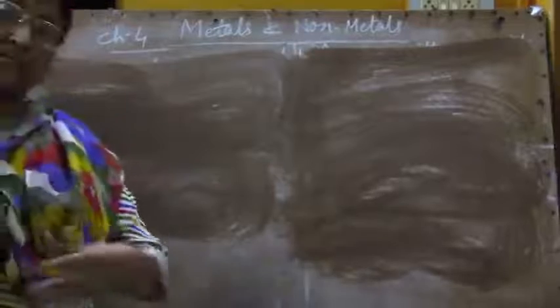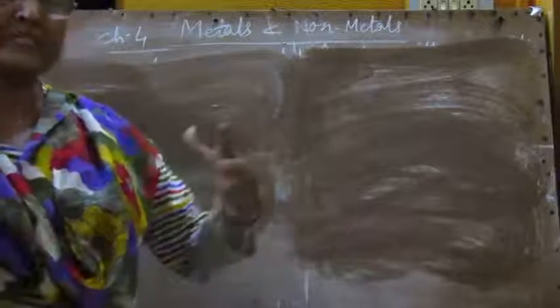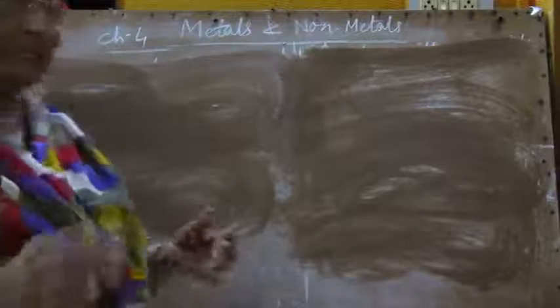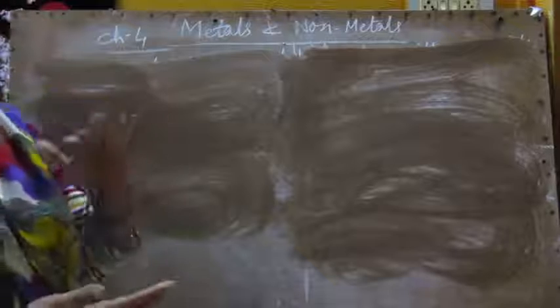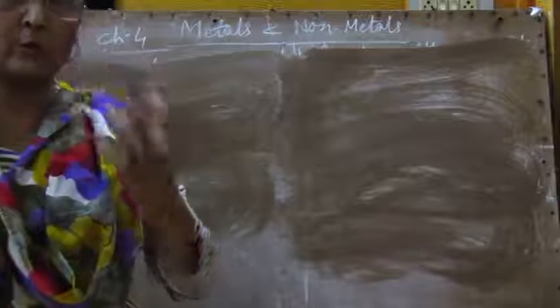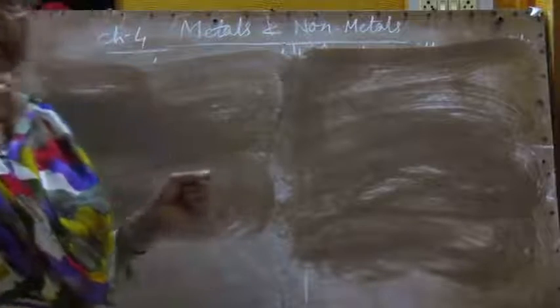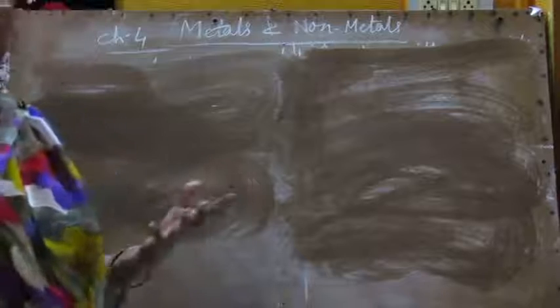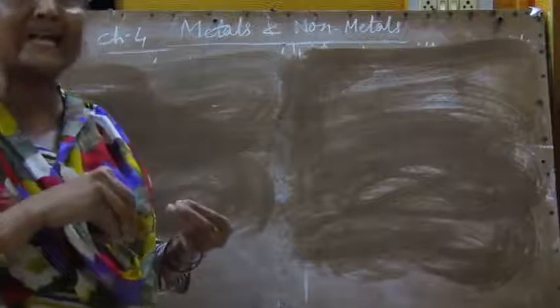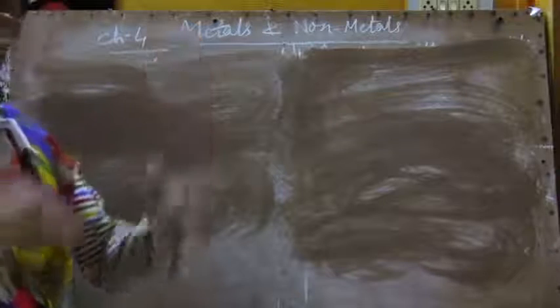Normally you have seen that if you keep iron or copper outside in moist weather, slowly you will see a coating on the metals. On iron you will see a brown coating, and on copper a greenish coating. These are nothing but oxides formed with the moisture and the oxygen present in the air.